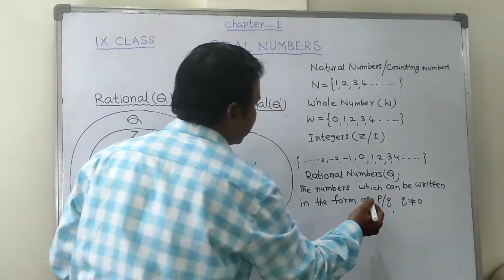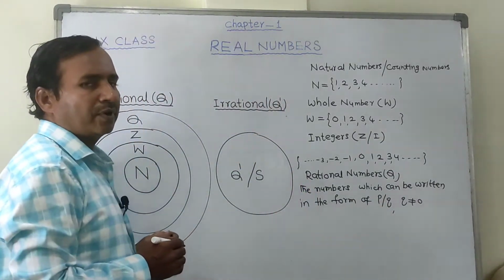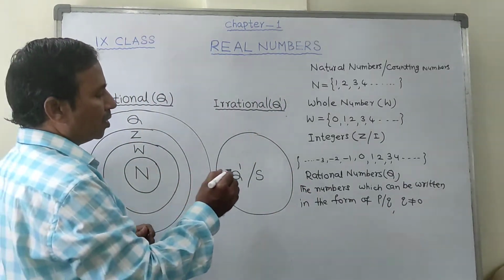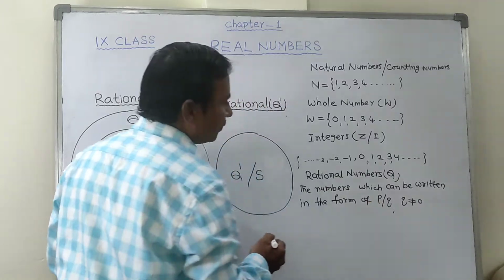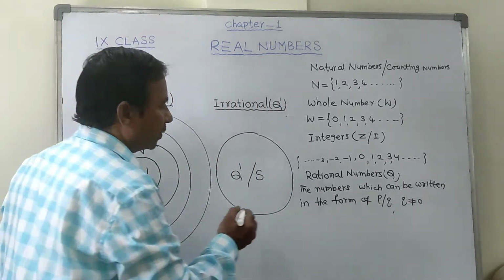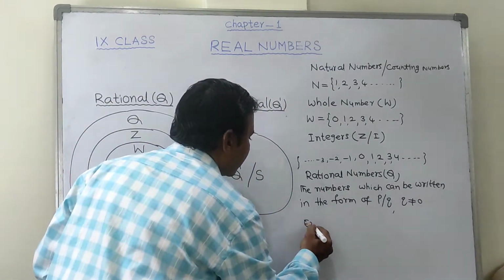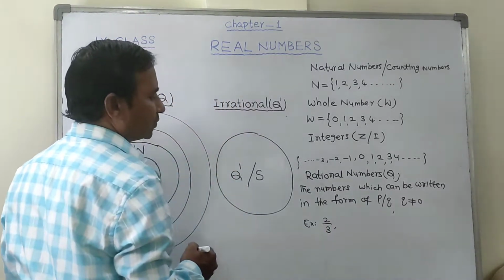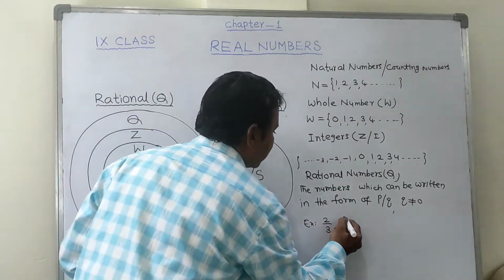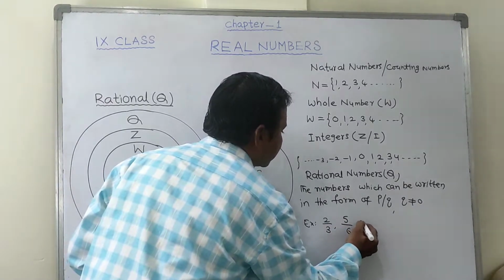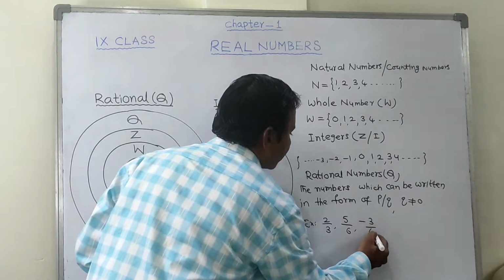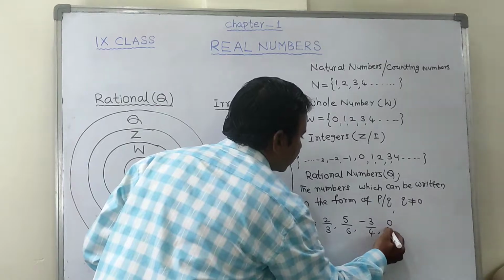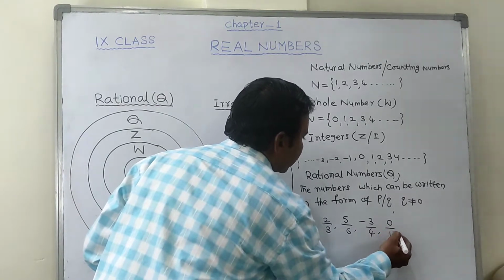Means the denominator we should not take as 0. What happens if you take 0 as the denominator? It is undefined. If you take examples, you can take any one as example like 2 by 3, 5 by 6, minus 3 by 4. 0 also we can write as 0 by 1 like that.